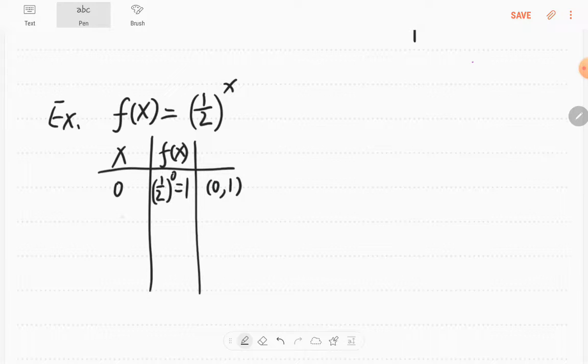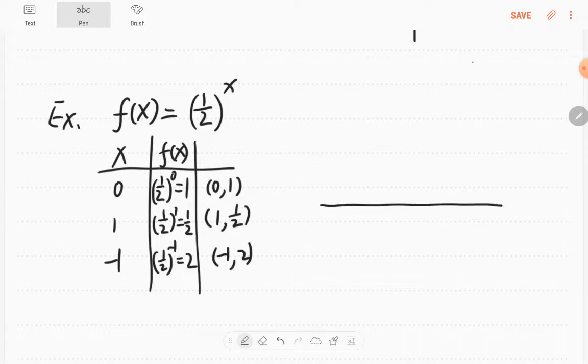When x equals 1, this is 1/2 to the 1, which is 1/2, so the point (1, 1/2). When x equals negative 1, this is 1/2 to the negative 1, which is 2, so it must be the point (negative 1, 2).